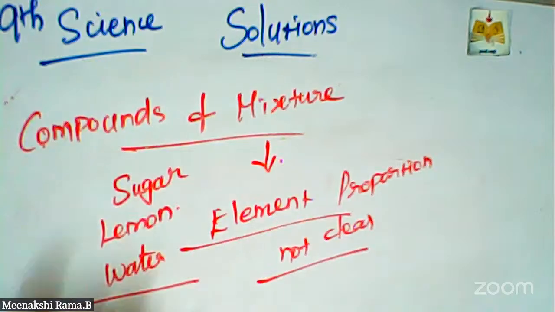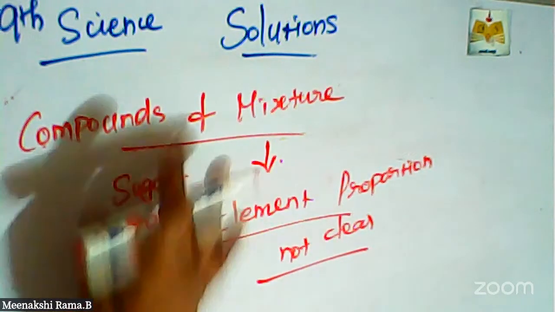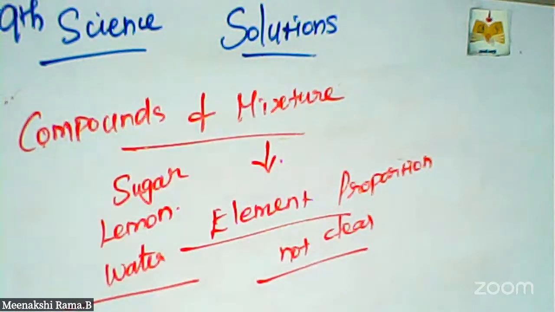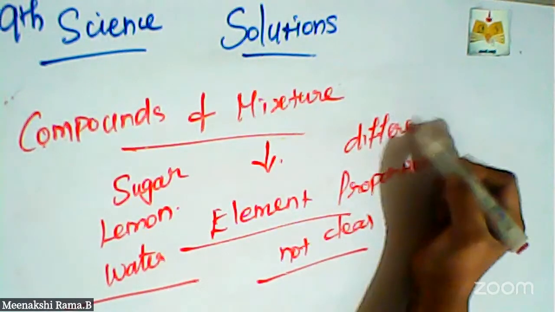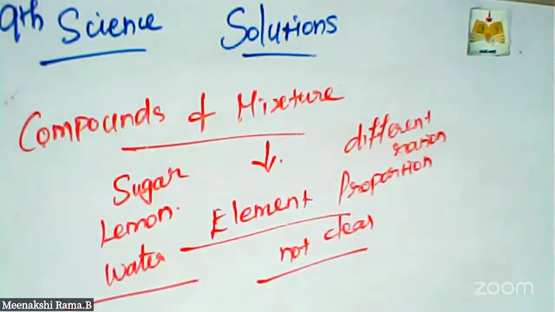This kind of preparation, this kind of solution, is called a mixture. So a mixture is an impure substance, containing elements or compounds physically mixed in different ratios. So this is called a mixture.